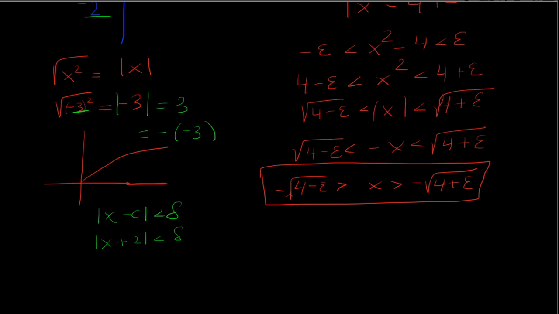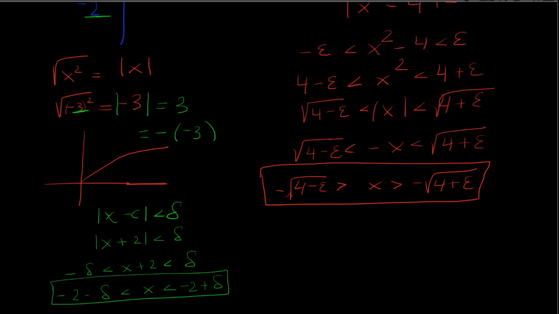And we can remove the absolute values. We'll get negative delta less than x plus 2 less than delta. And we'll subtract 2 to get negative 2 minus delta less than x less than negative 2 plus delta. And that's our second inequality.